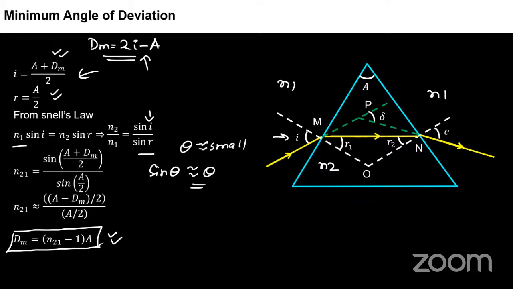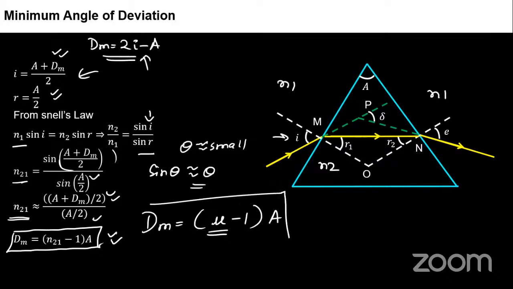So this angle will be approximately equal to this, and this is equal to the refractive index. When you simplify it, you get the minimum angle of deviation as the refractive index of the glass material with respect to the external surrounding, minus 1, into the angle of the prism. So this is our formula of minimum angle of deviation.